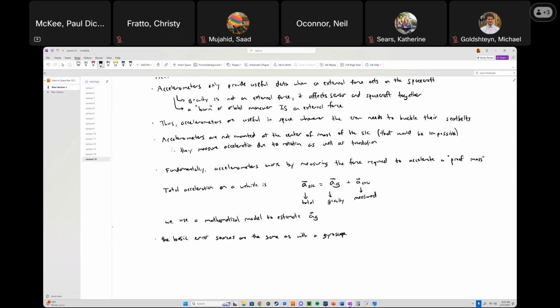So we use a similar error model. The noisy acceleration that comes from an IMU is equal to I plus S plus gamma plus E. These are all for the IMU, so you would need a different one for the accelerometer.